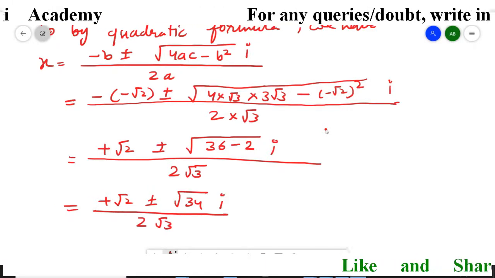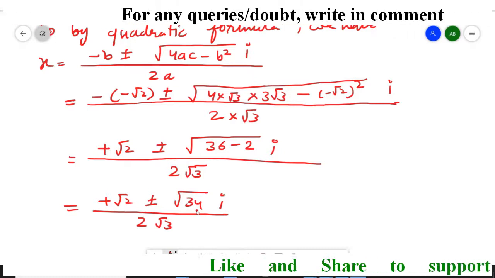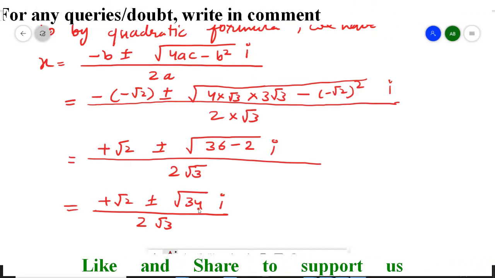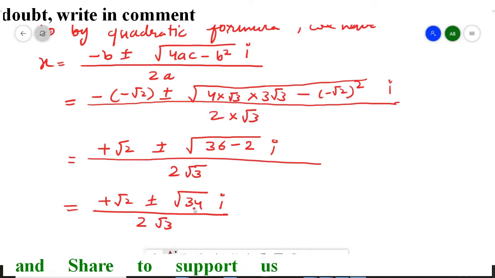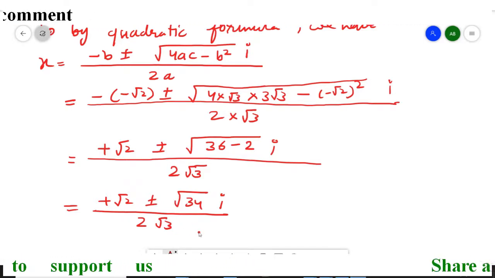Now since 34 we cannot factorize, it's going to be only 17 into 2. It cannot come out from the root, that's why it's the simplest answer.